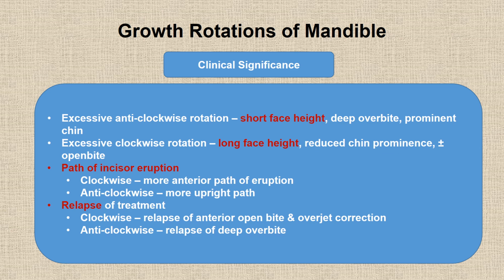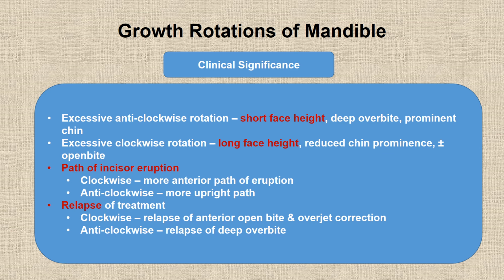Excessive clockwise rotation, on the other end, results in what is known as long face syndrome, whereby the vertical facial height is increased, there's reduced chin prominence, and an open bite.